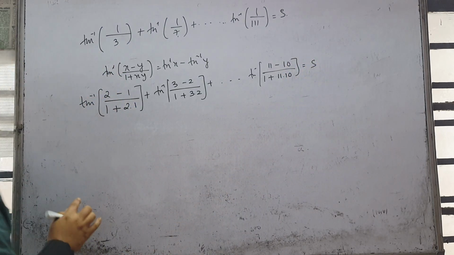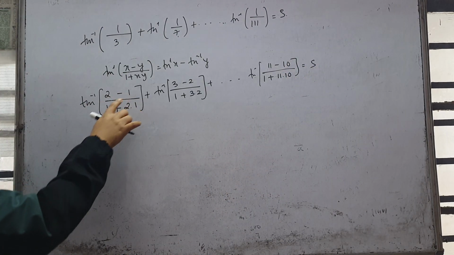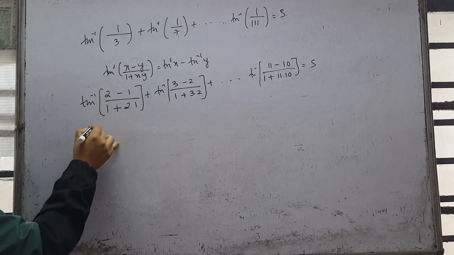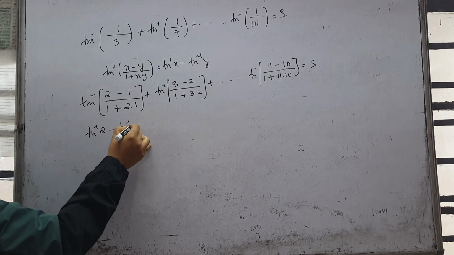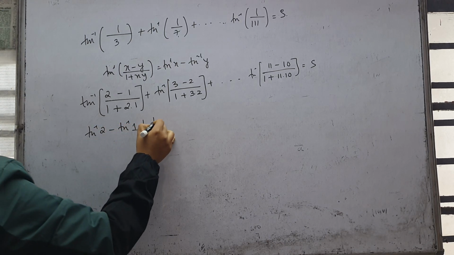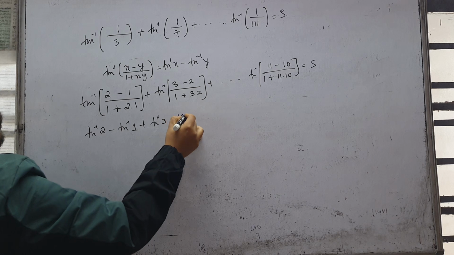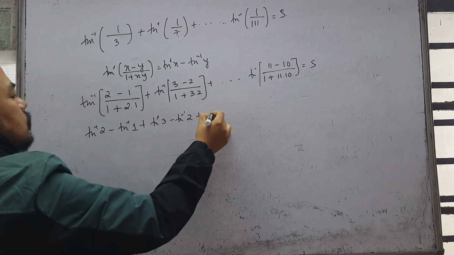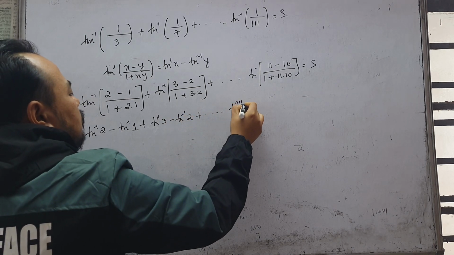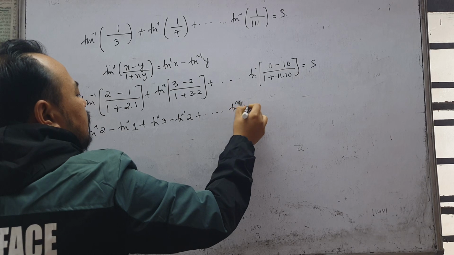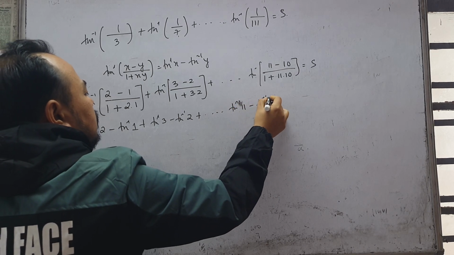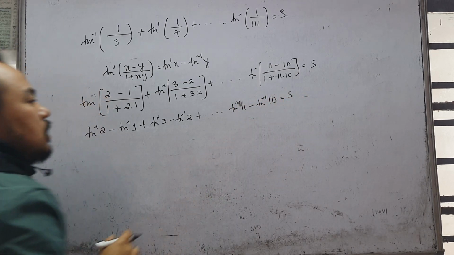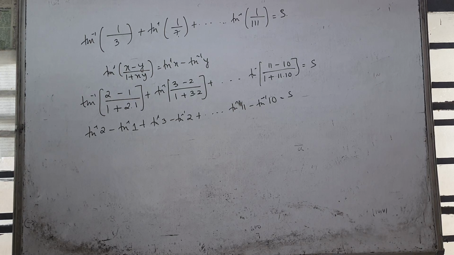Now apply the formula, tan inverse of x minus y over 1 plus xy. What is that equal to? Tan inverse 2 minus tan inverse 1, plus tan inverse 3 minus tan inverse of 2, plus dot dot dot, tan inverse of 11 minus tan inverse of 10 is equal to s. So what you see is, okay, see everyone, what do you see? The first one is getting cancelled with the second.